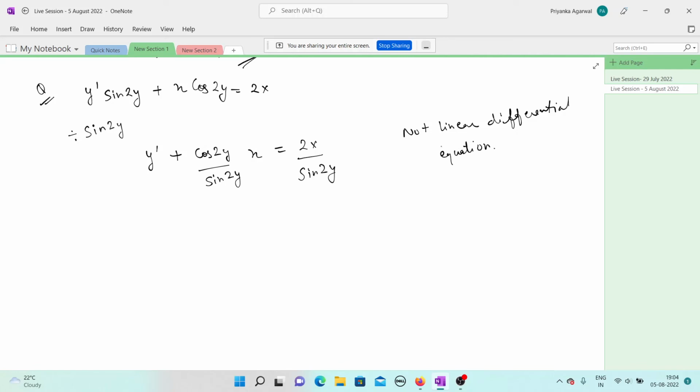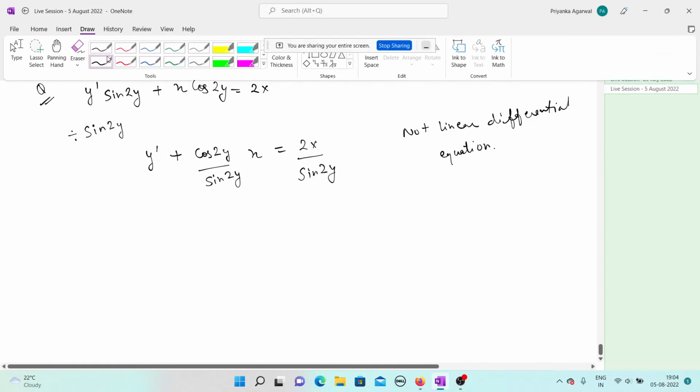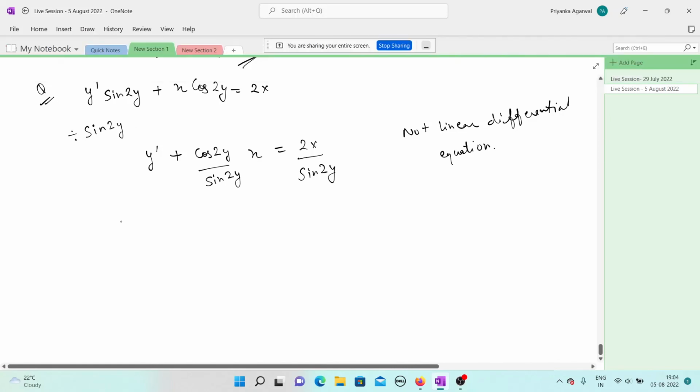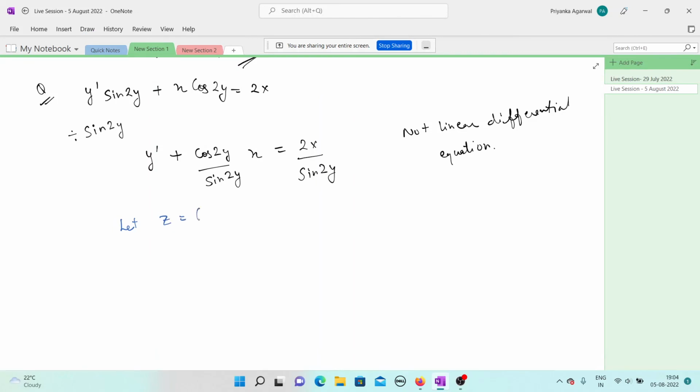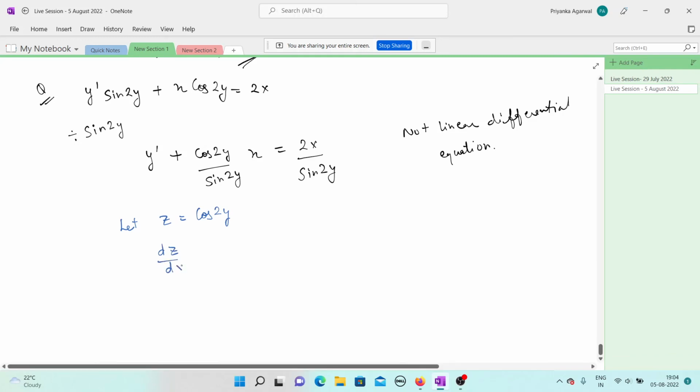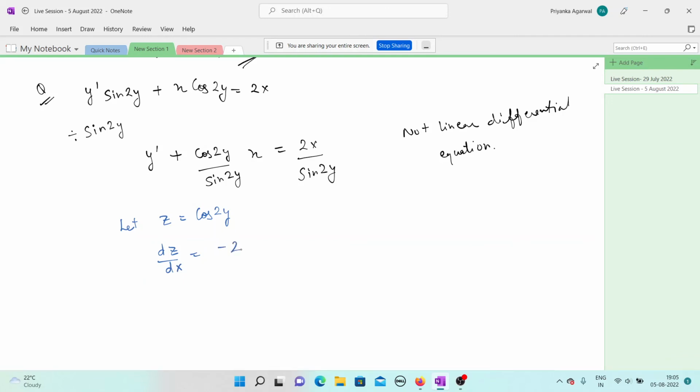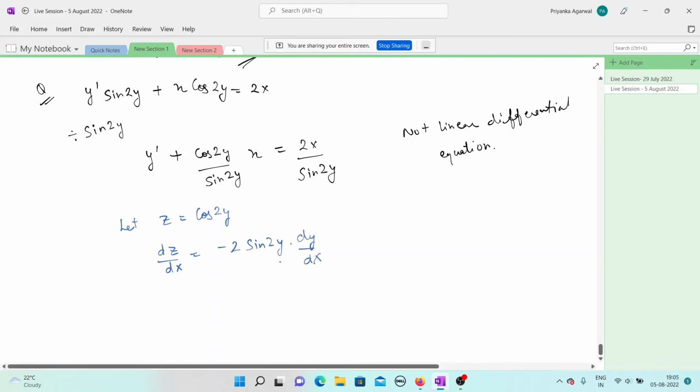Right? So let's see how we can solve it. Let us consider z equals cos 2y. So dz over dx will be, if you differentiate with respect to x, minus 2 sin 2y dy by dx, right?